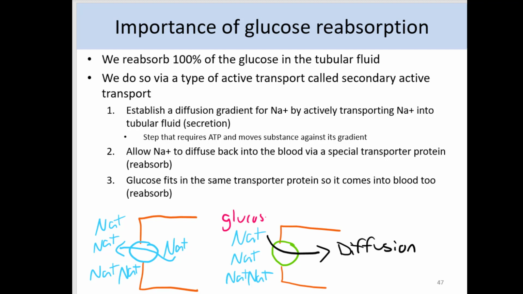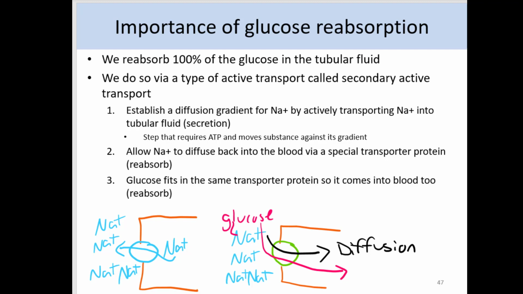The glucose just kind of grabs a hold of the sodium, and then the glucose comes in too. So there might not be a diffusion gradient for glucose to come in, but it's just being really sneaky and using that wave of diffusion of sodium to make its way in also.